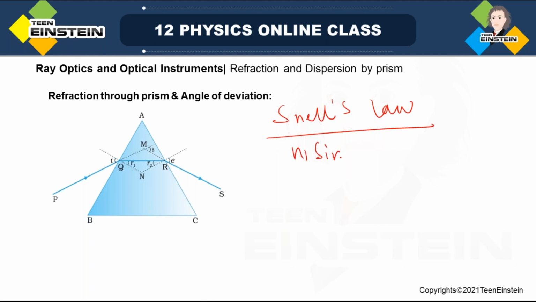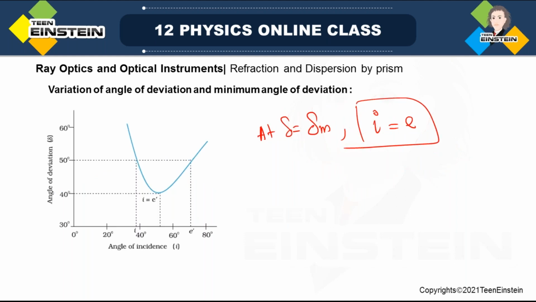Let us see what Snell's law is. We know n1 sine of angle of incidence is equal to n2, the refractive index of the second medium, sine of angle of refraction. This is what we are trying to write for this prism. We get the angle of incidence as delta minimum plus A, the angle of prism, divided by 2. How?